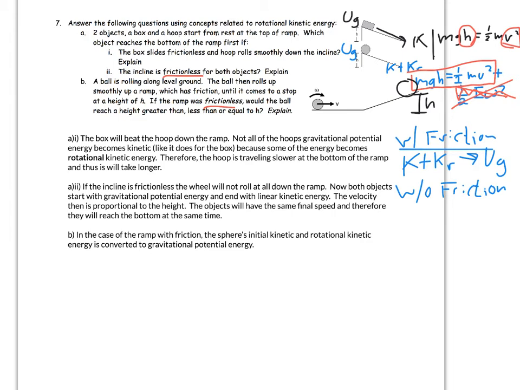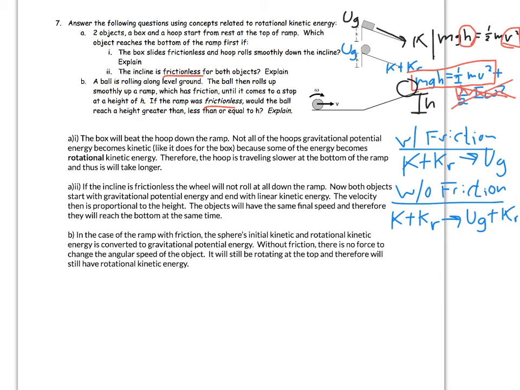It provides a torque to change the rotational speed of our object. So we're going to start with kinetic and rotational kinetic, and there's going to be a force converting that linear kinetic energy into gravitational potential, but we're still going to have rotational kinetic energy. And because of this term, not all of our energy is converted into gravitational potential, and therefore we won't reach as great of a height.